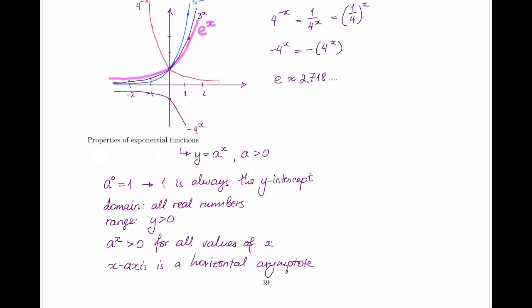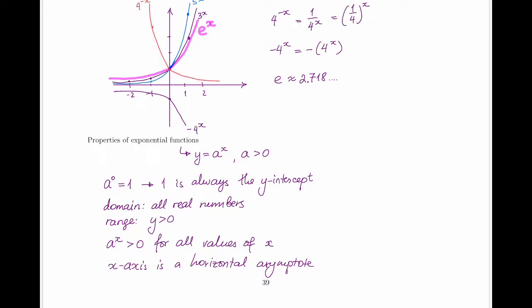And that is another property that we can state here: if we have numbers bigger than 1 in the base, then the general shape of the function is increasing. Whereas if we had numbers less than 1 in the base, such as a negative exponent representing a fraction as the base, then the graph was decreasing in nature.